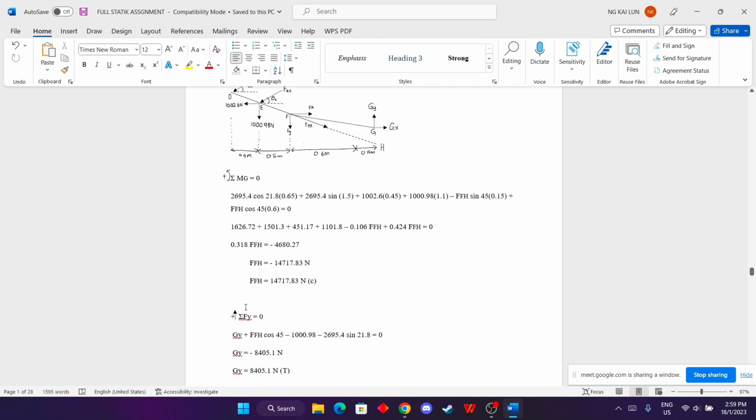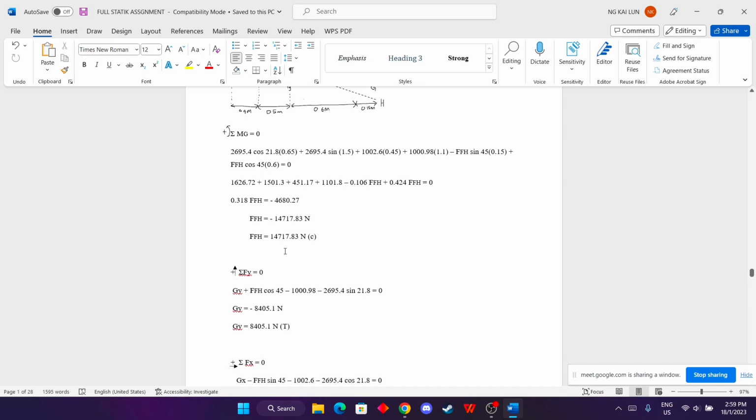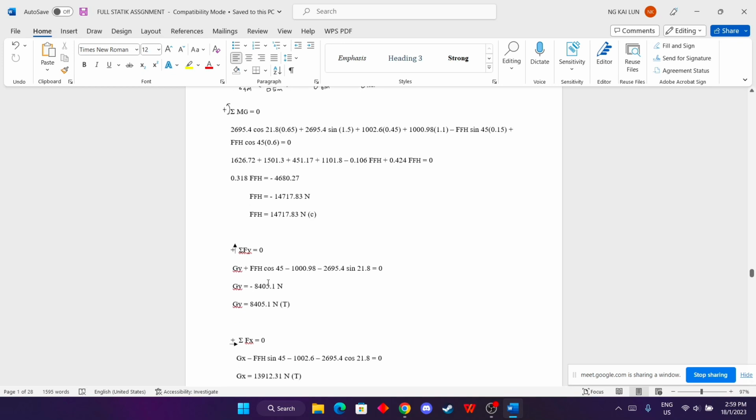You find the FFH, and then here we find the last one that we need, which is the pin support at G, at GY and GX. For GY, you use the equation of equilibrium, sum of Fy. For GX, you use the sum of Fx. So GY plus this, minus this.